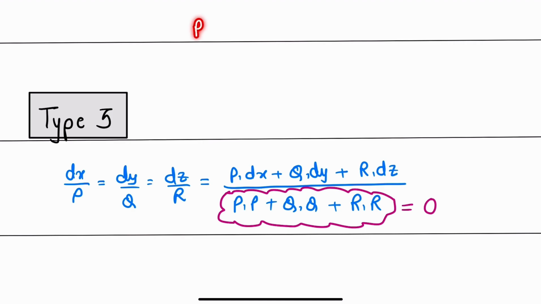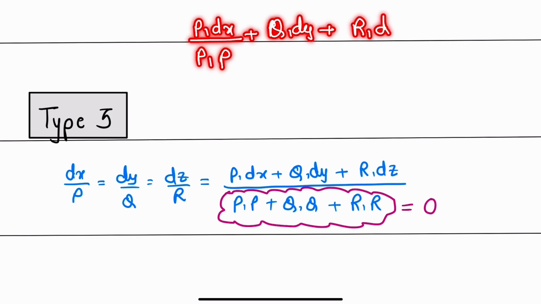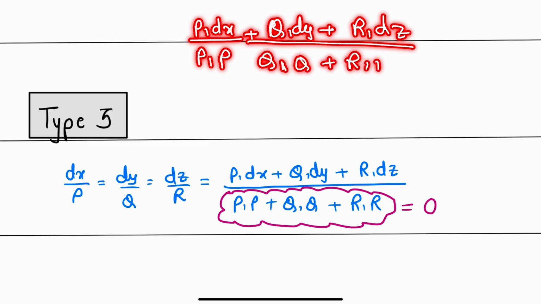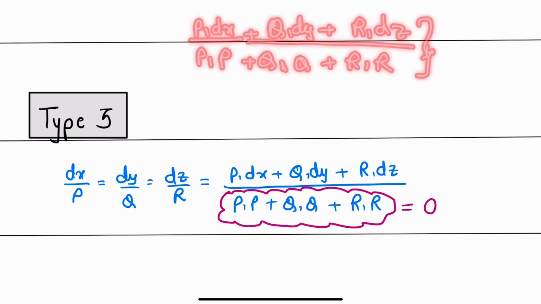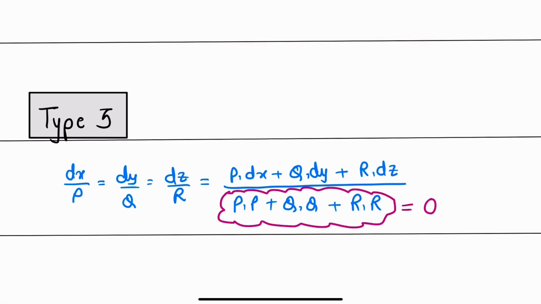Now, if this bottom term is equal to 0, then this numerator should also be equal to 0.